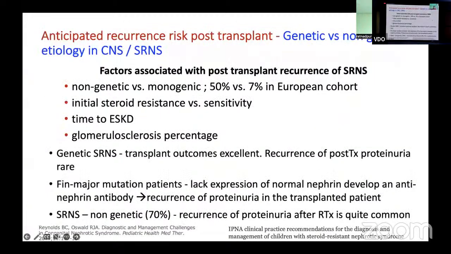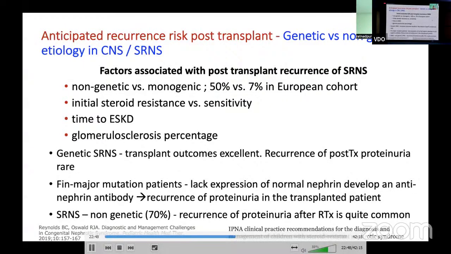So now the issue is, what is the anticipated recurrence risk post-transplant? And that's a question that every patient is going to ask the nephrologist. So there again, you need information: is the disorder genetic versus non-genetic? And we told you that only a small percentage of them are genetic. The rest of them are non-genetic. If we have a genetic etiology and you have transplanted the appropriate kidney, the risk of recurrence is negligible. It's baseline.